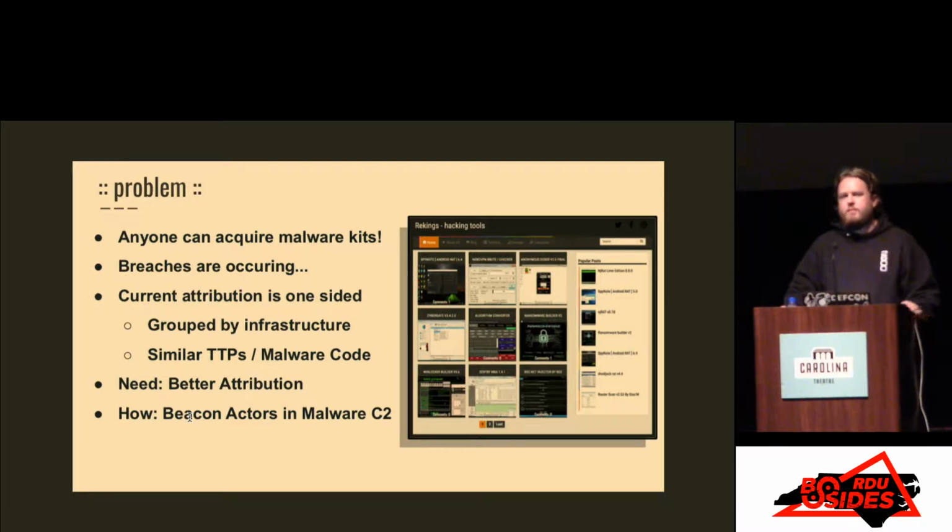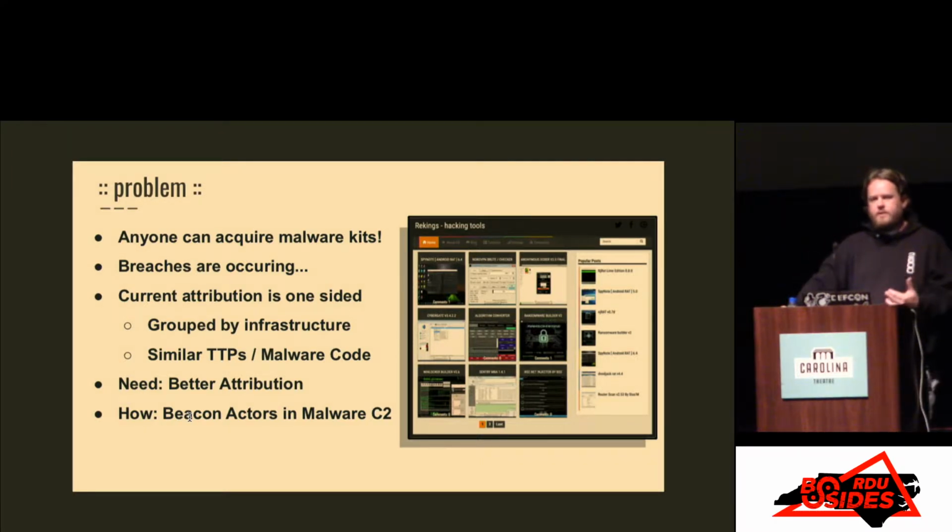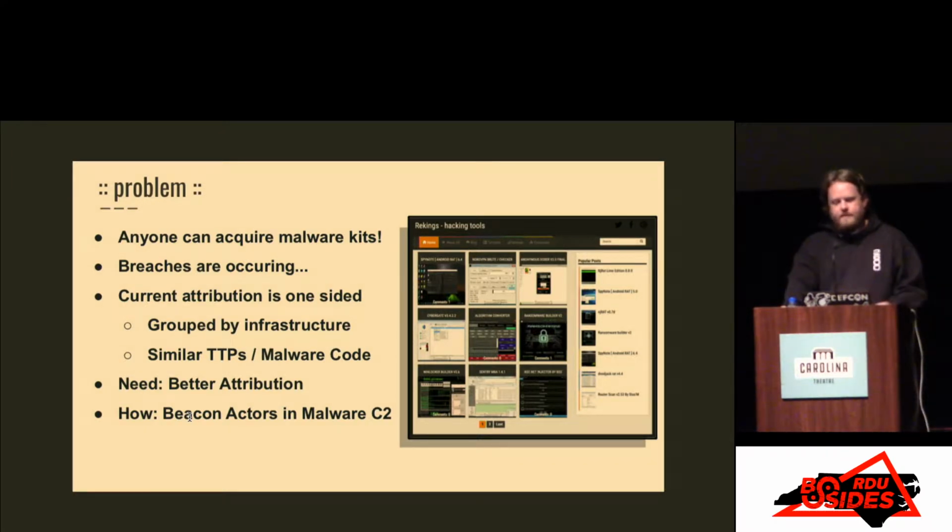However, with most commodity malware kits, it's one author that's selling to several different individuals. So to trace that back to an author is one piece of attribution, but who's actually utilizing these kits to attack these companies? So there needs to be better attribution. And in order to protect ourselves, we need to understand the attacker and where they're coming from.